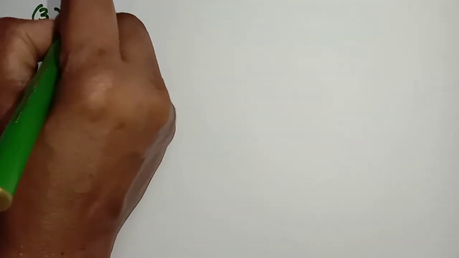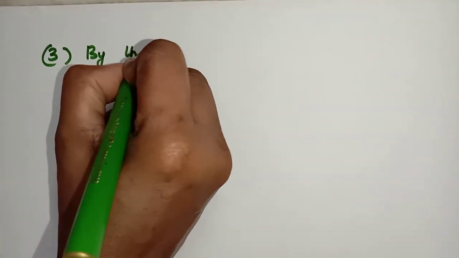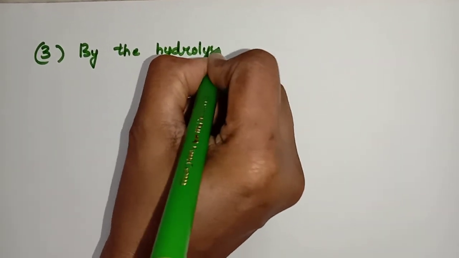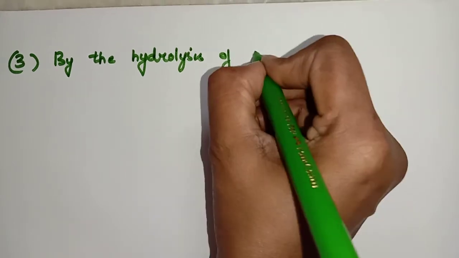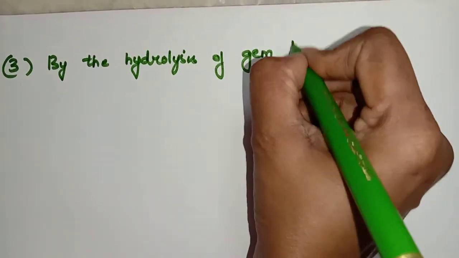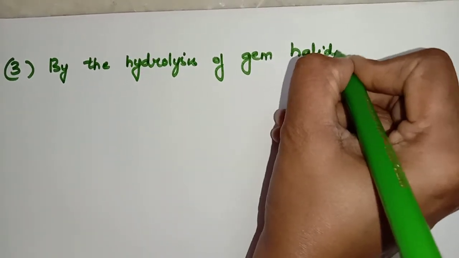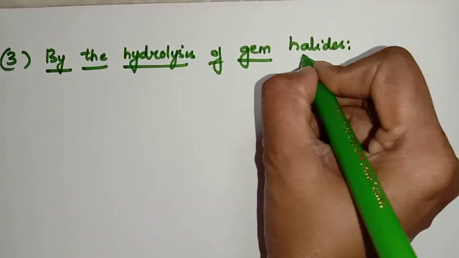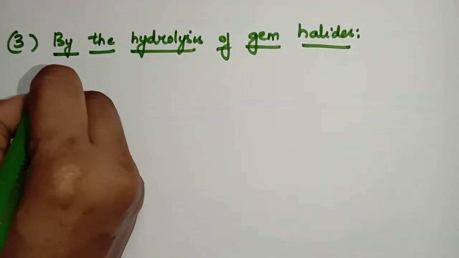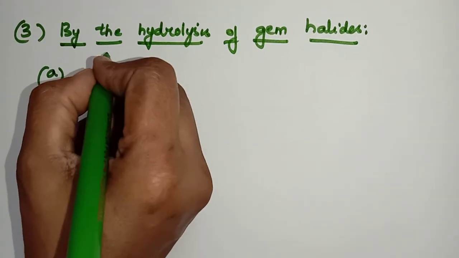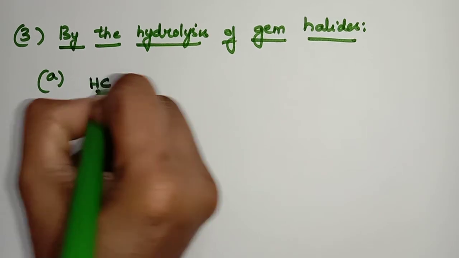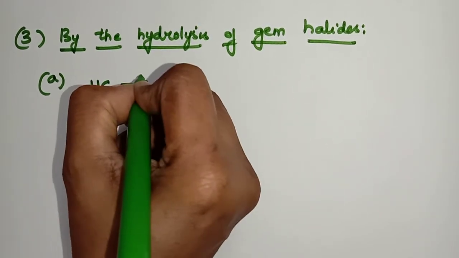Next, third method, by the hydrolysis of gem halides. Using this method, aldehydes can be prepared by taking a gem halide.